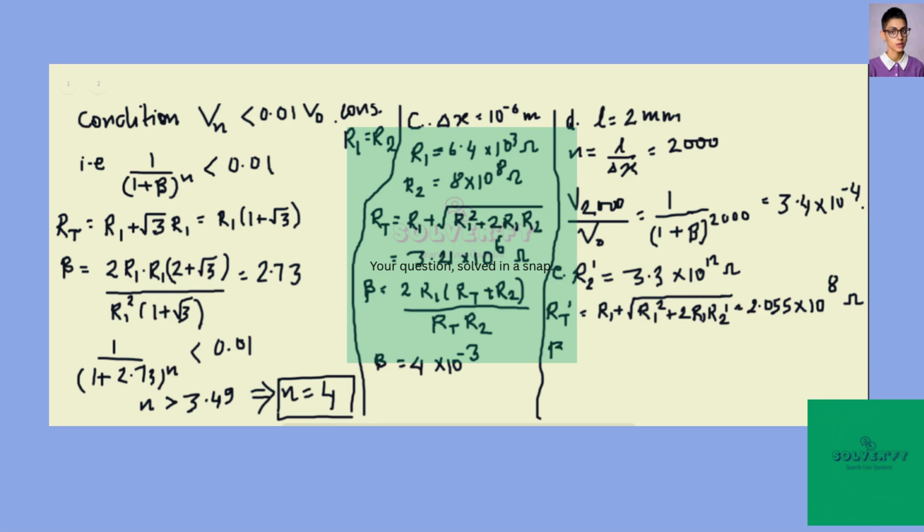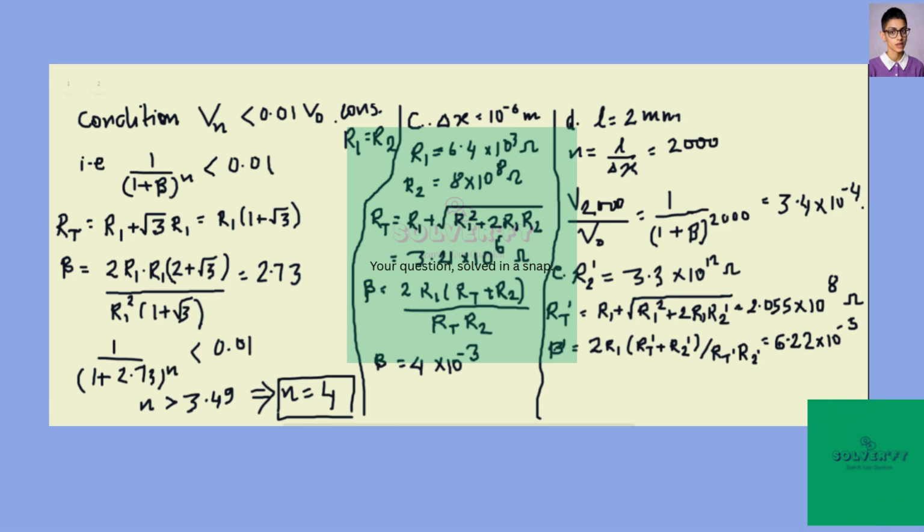Similarly, the value of the new beta prime, let us consider, will be equal to, using the formula, 2R1 times RT prime plus R2 prime upon RT prime R2 prime, which turns out to be 6.22 into 10 to the power minus 5.